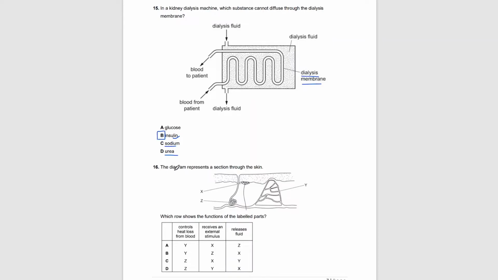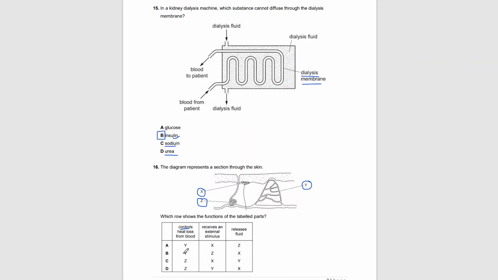Question 16. The diagram represents a section through the skin, which shows the functions of the labelled parts. So Y is the artery near the skin surface, X is a sensory receptor, and Z is a sweat gland. So what controls heat loss from blood?